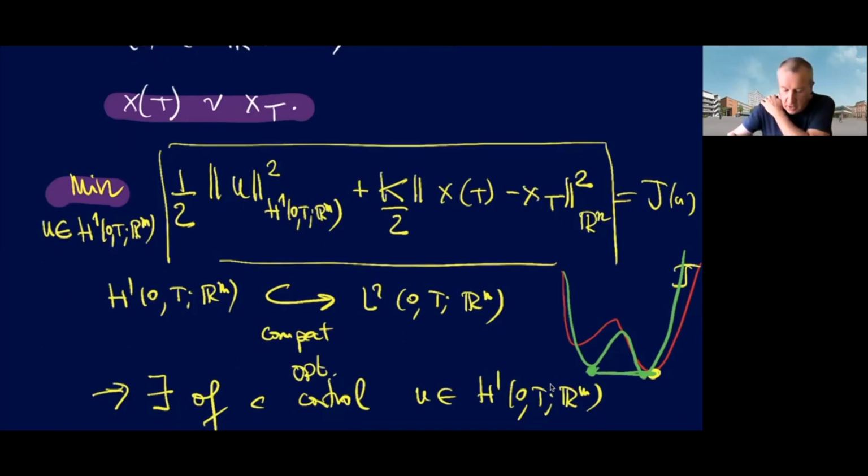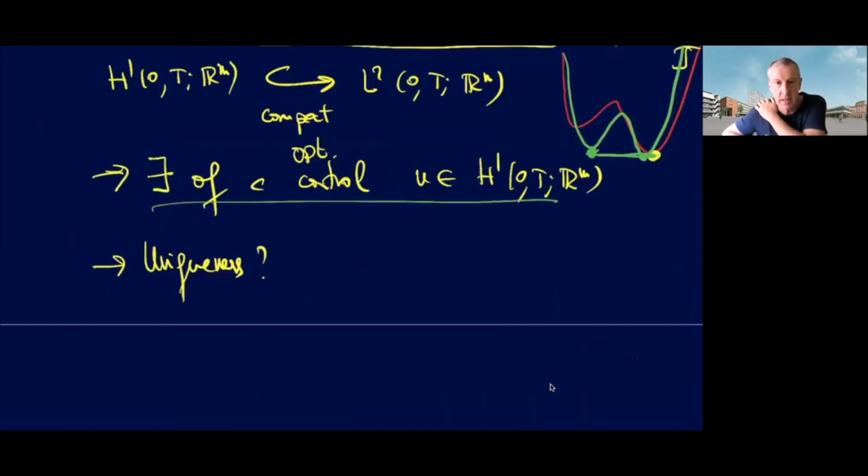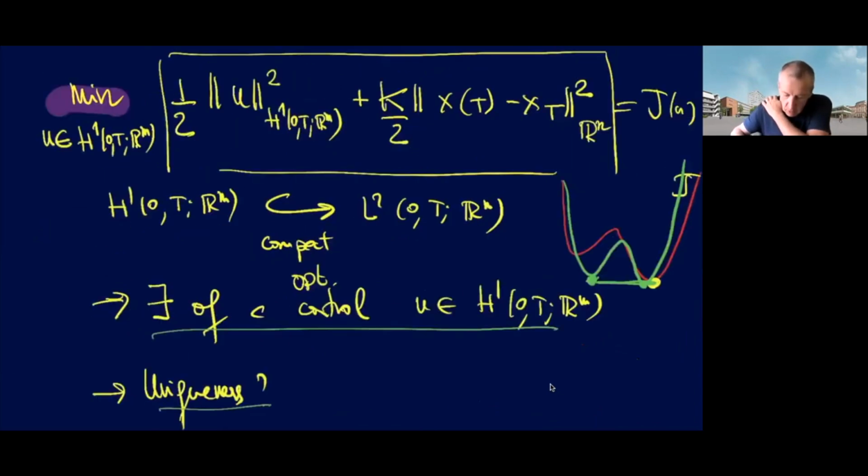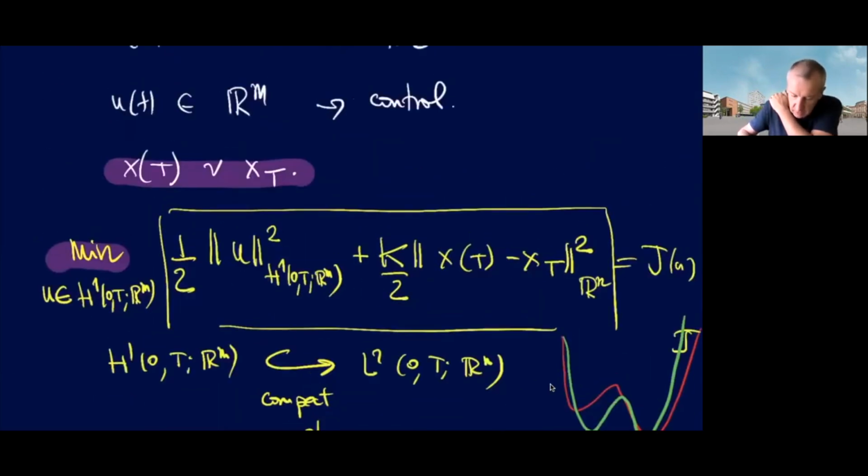So the existence of the control is easy to prove once you take a functional that is coercive and compact. The uniqueness is much more tricky. Well, but when I look at this functional here, with a square, my feeling is that it should be convex.